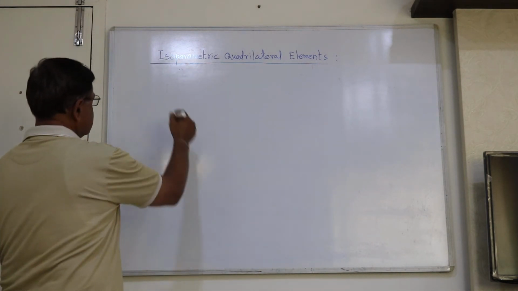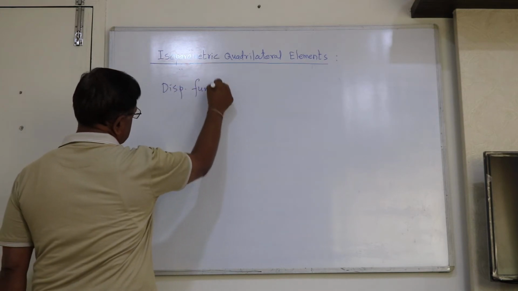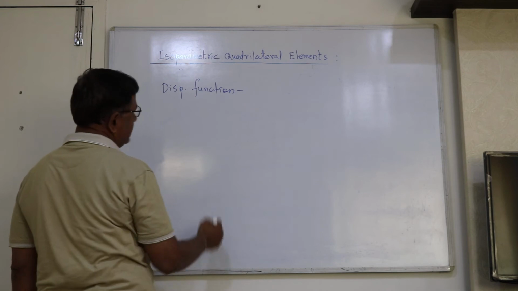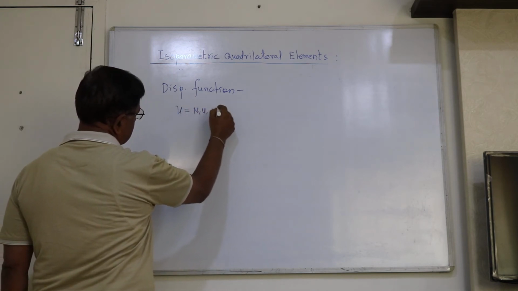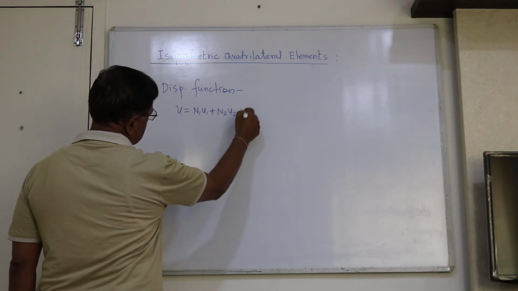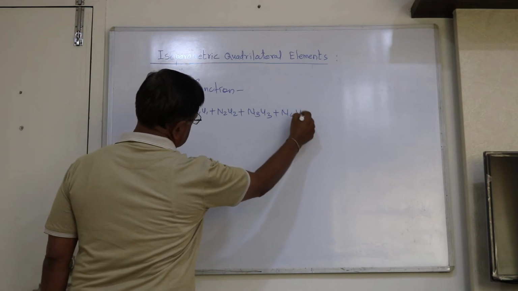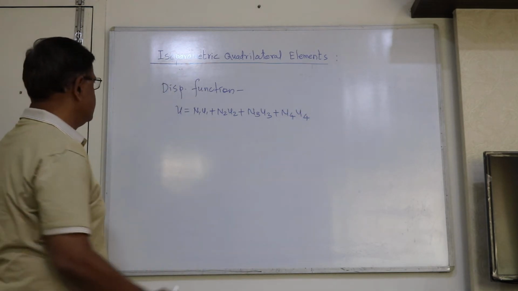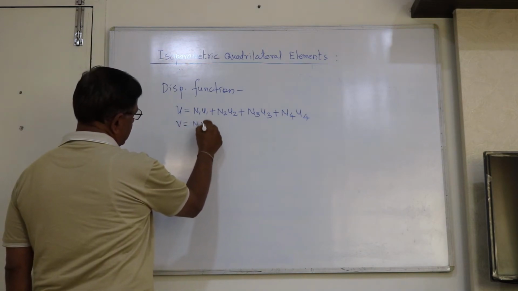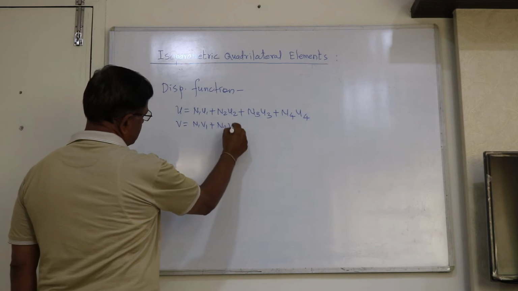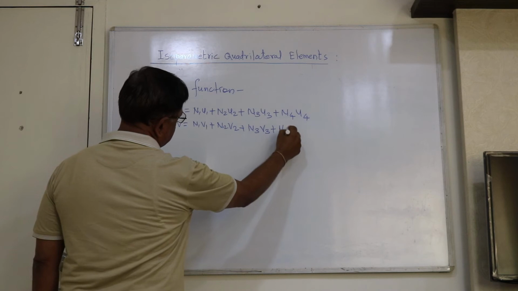How do we assume the displacement function for a quadrilateral element? u equals n1 u1 plus n2 u2 plus n3 u3 plus n4 u4, because it is a four-sided, four-noded element. Then v equals n1 v1 plus n2 v2 plus n3 v3 plus n4 v4.